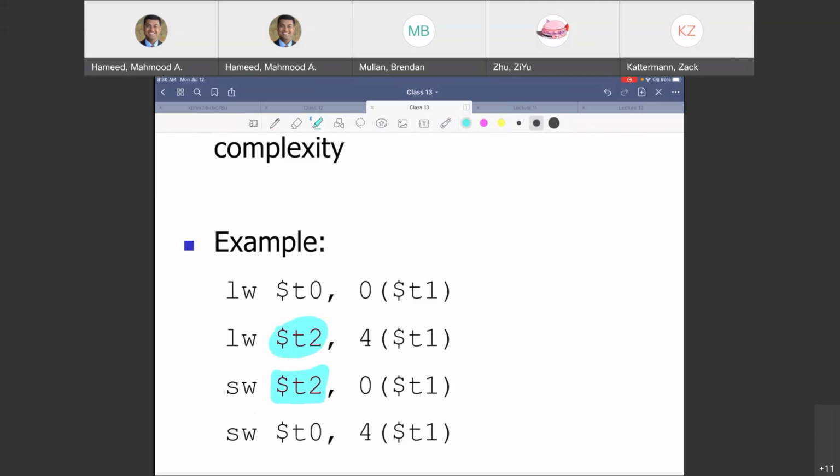You guys agree with that? There's a problem, because over here, what are you doing? Base plus offset, whatever is at that address goes into T2. Over here, whatever is in T2 goes into that addition of address, right? So you're using the contents of T2 immediately after you are loading into T2. So that's a load use data hazard present over here.